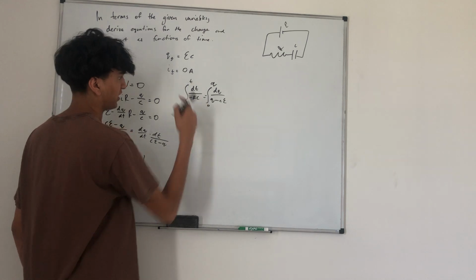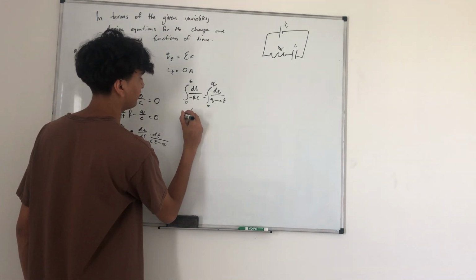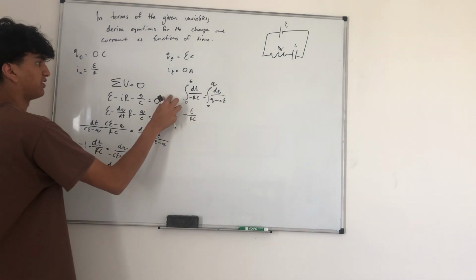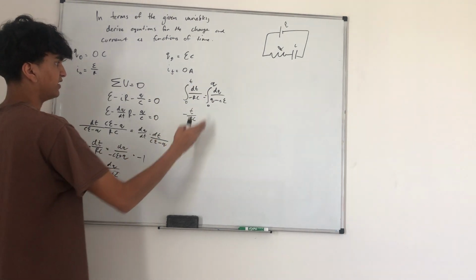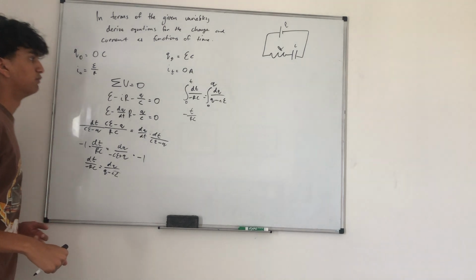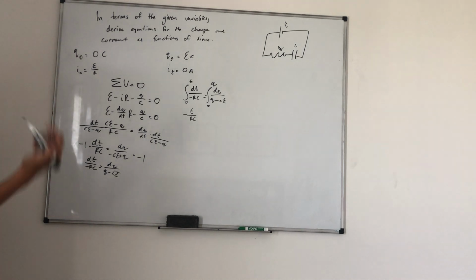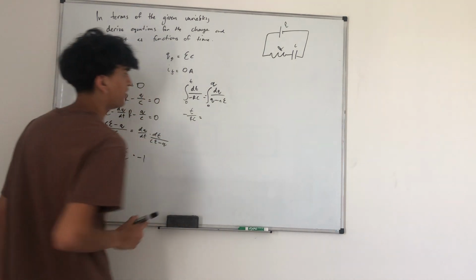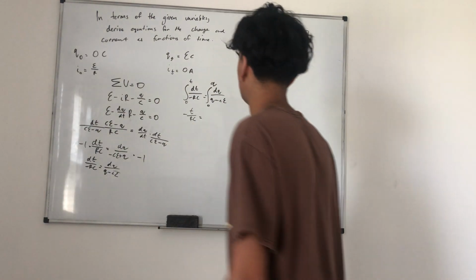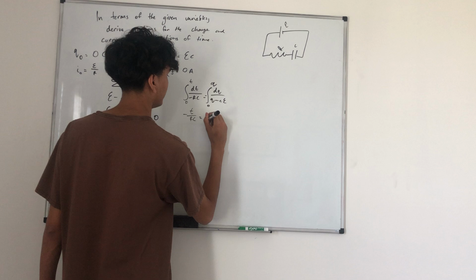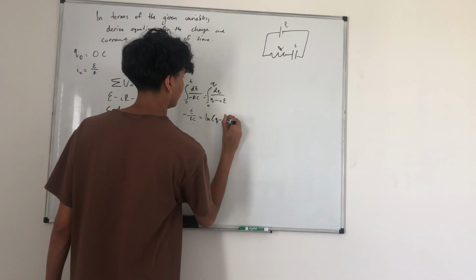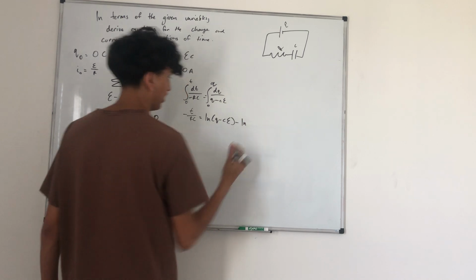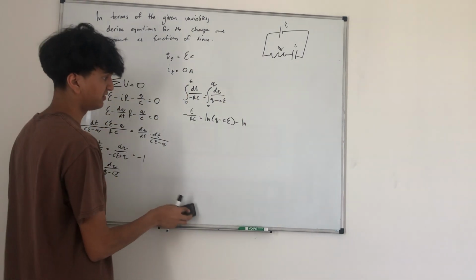This is pretty simple. If you integrate this, you get negative t over RC, because you can pull this out of the integral and integrate dt to time t. And then for this integral, we're going to have ln. So we're going to have ln of q minus C epsilon minus ln, and we're not just going to leave it like this.